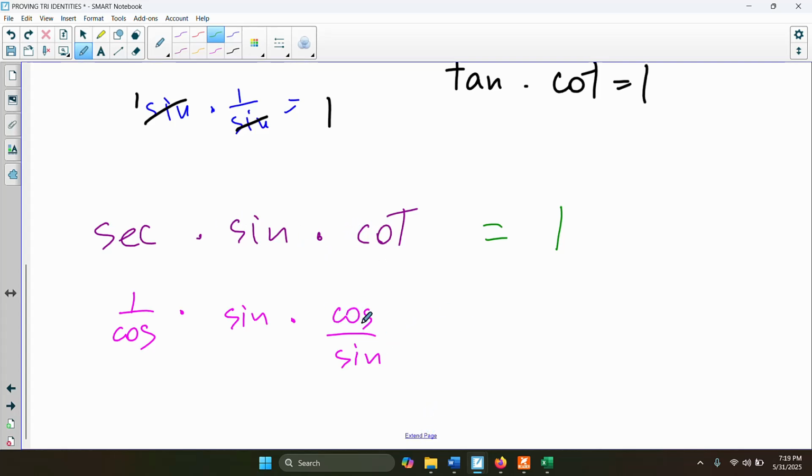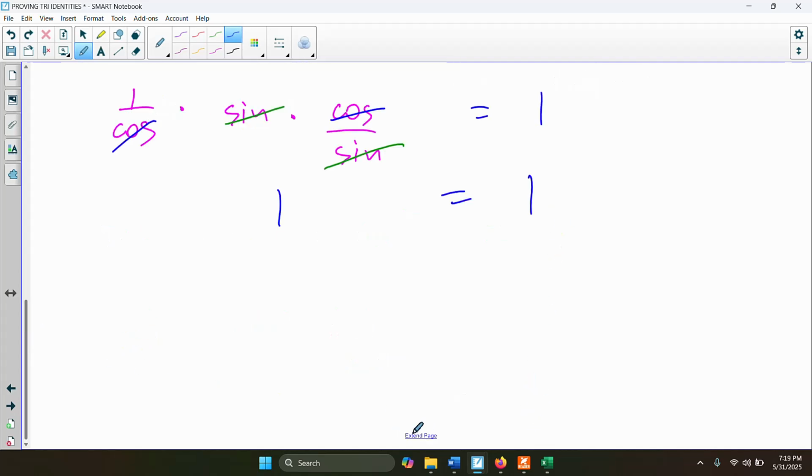Anyway, what happens here? And hopefully you're seeing it. Sine and sine cancel. What else? Cosine and cosine cancel. And that leaves you with what on this side? 1. Everything canceled away. And the other side was 1 the whole time. I don't bother writing 1, 1, 1 each time, but eventually I'm going to bring it down and say, oh, so is this an identity?